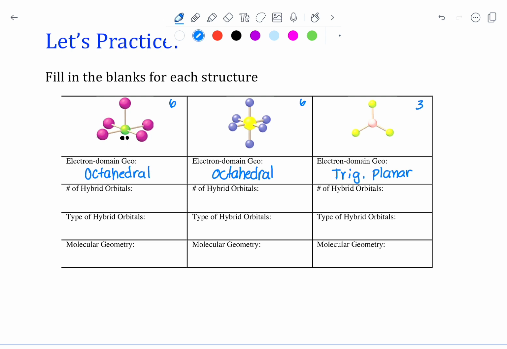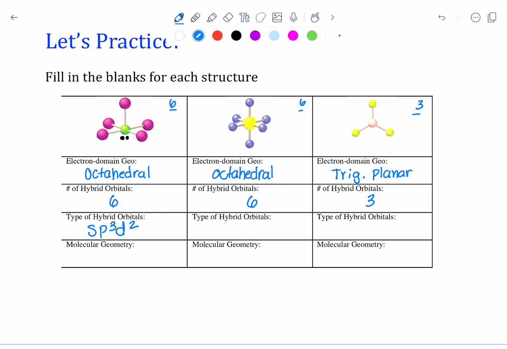Okay, our number of electron domains tells us the number of hybrid orbitals we need, because our hybrid orbitals have to equal how many bonds or lone pairs we have to accommodate. So if we know our number of electron domains, we automatically know our number of hybrid orbitals. If we know our electron domain geometry, then we also know the type of hybrid orbitals that we need. Okay, so 6 for octahedral is sp3d2.